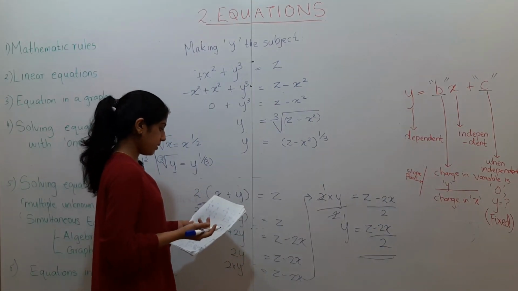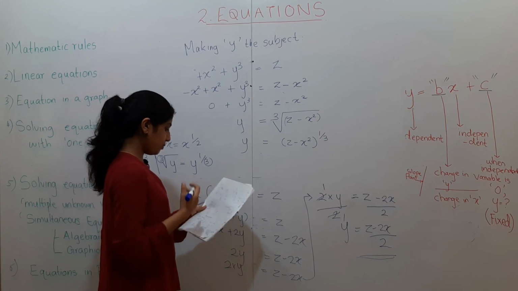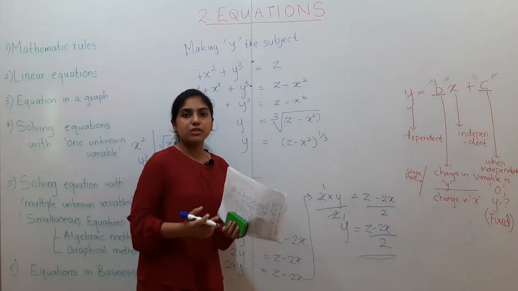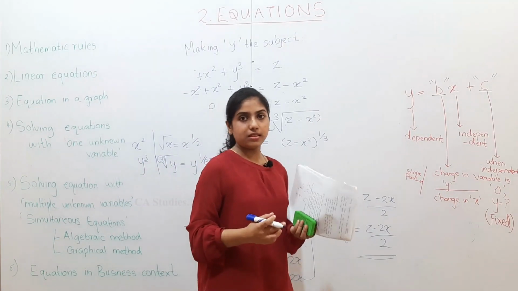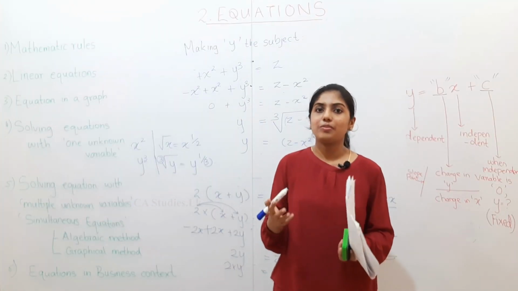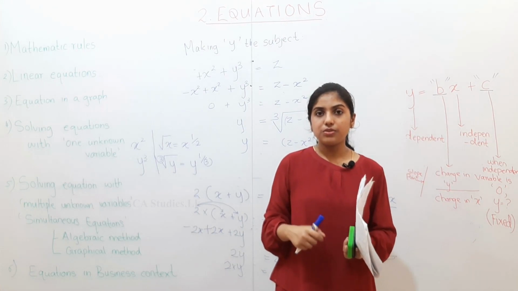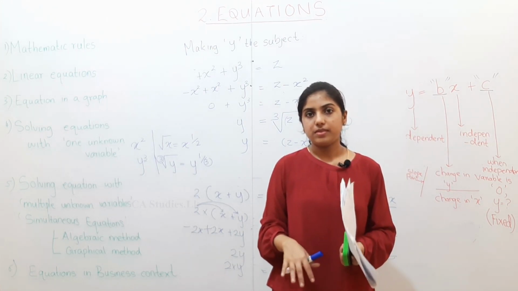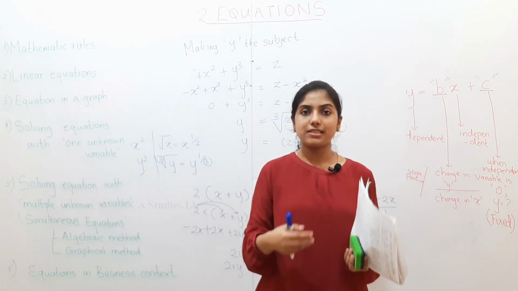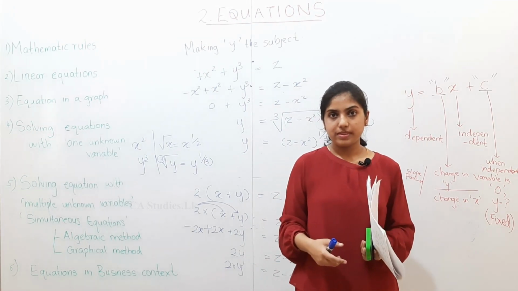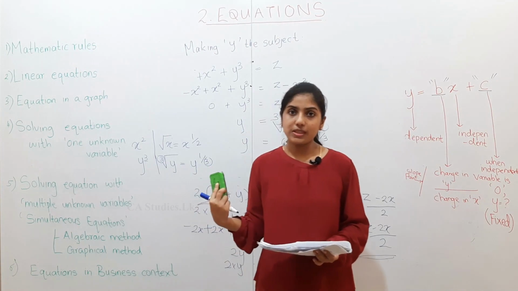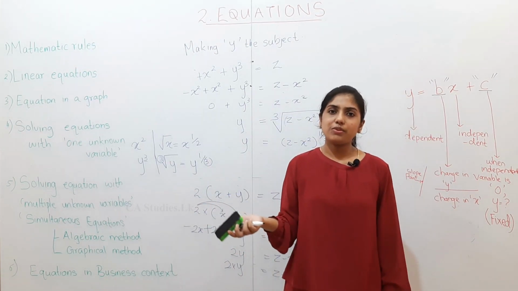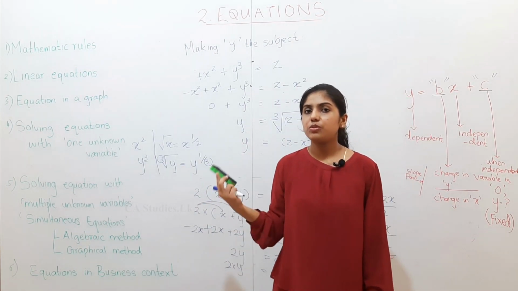So with that we finish the maximum types of subject related questions, like making an unknown variable the subject. This is the maximum type. It will be tested in your paper, so be very fluent with this. That's why I initially gave you all the opposite signs.